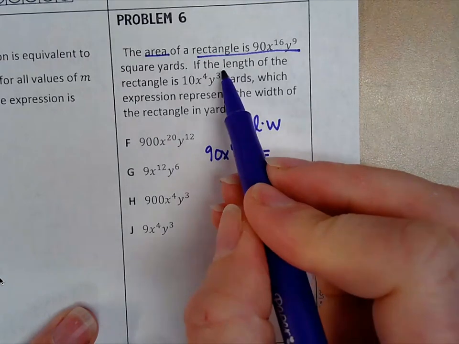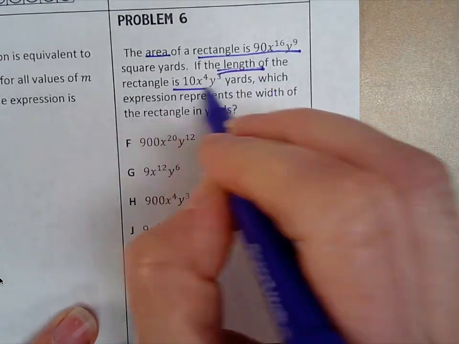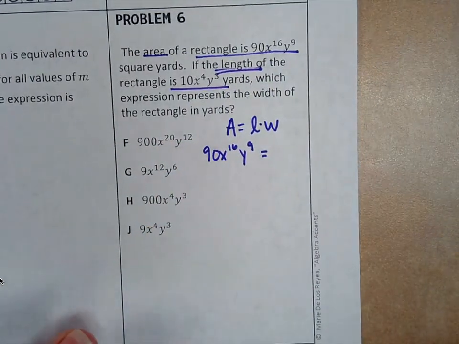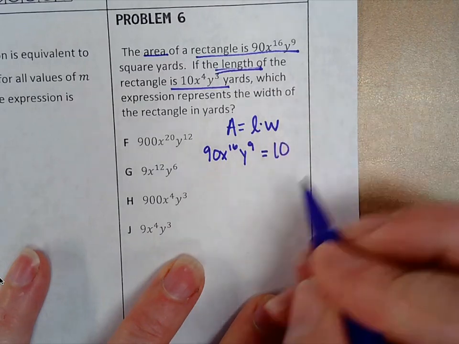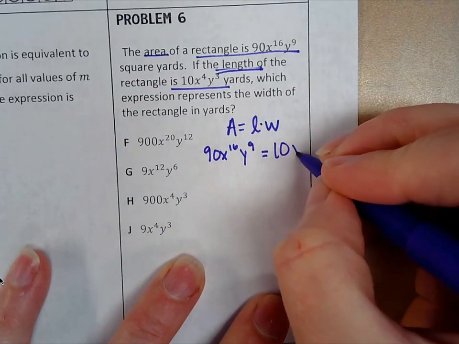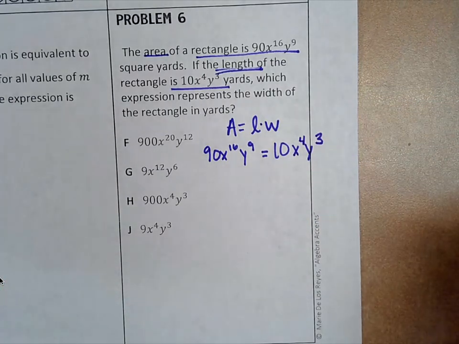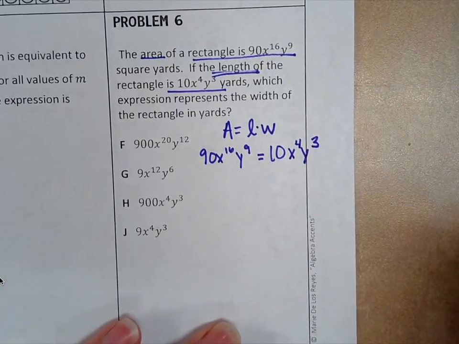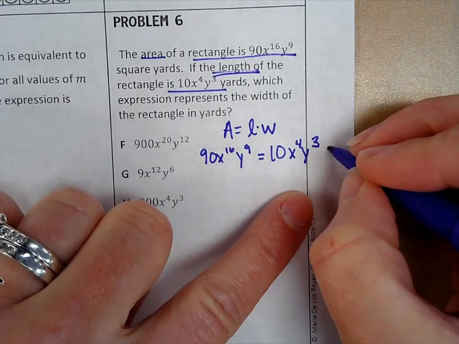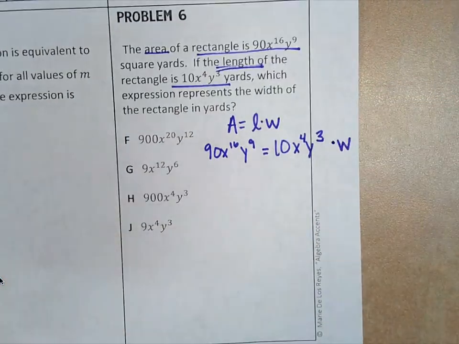Equals, it gives us the length is 10 x to the 4 y to the 3rd. So we put that on the other side of the equal sign, times W, which represents the width. W is our unknown. We don't know what it is.